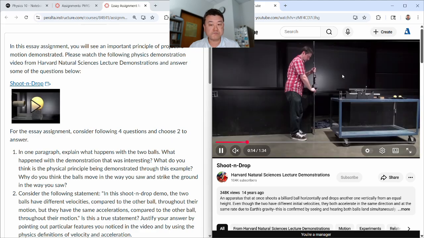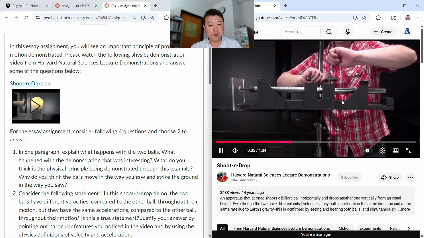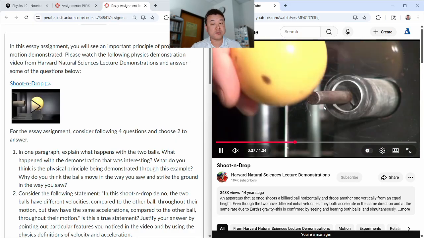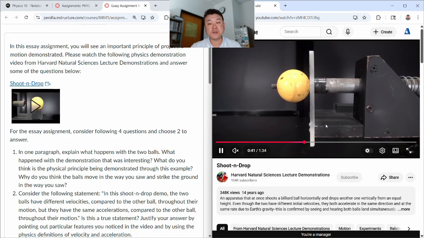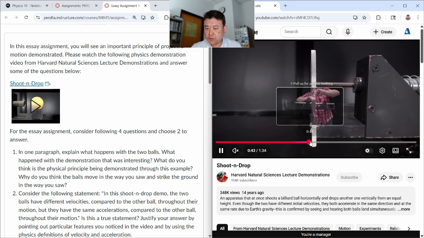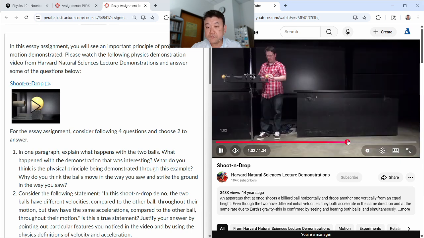So this is the apparatus that Alan is setting up to demonstrate two balls that are going to be set in motion in two different ways. One, this yellow ball here, is going to be simply dropped, and I think the red ball on the other end is going to be launched sideways.